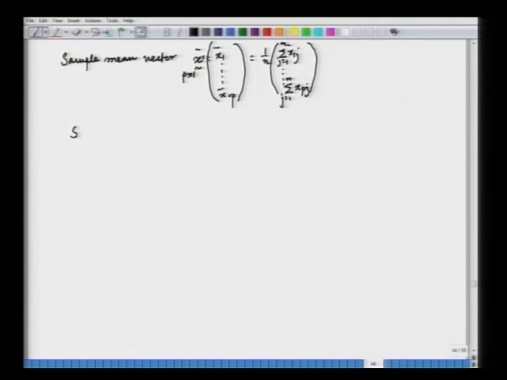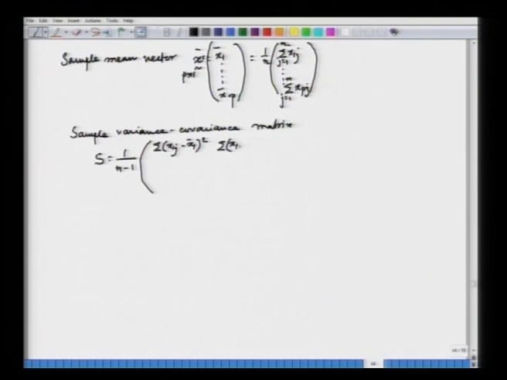Similarly, I will have the sample variance covariance matrix, say S, and this is 1 by n minus 1, and then the first row is nothing but the sum of x1j minus x1 bar square, and then I have the covariance between the first and the second.